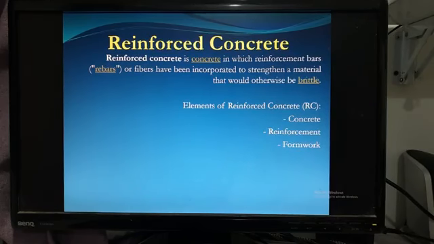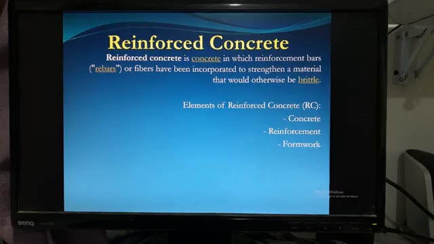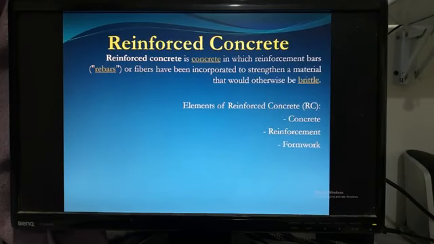The reinforced concrete is basically a mix of concrete which reinforcement bars or rebars or other types of fibers has been included or incorporated to strengthen the material. This is because concrete in itself, or what we call as mass concrete, on itself is very brittle. So it can only handle compression, but it cannot handle tension.